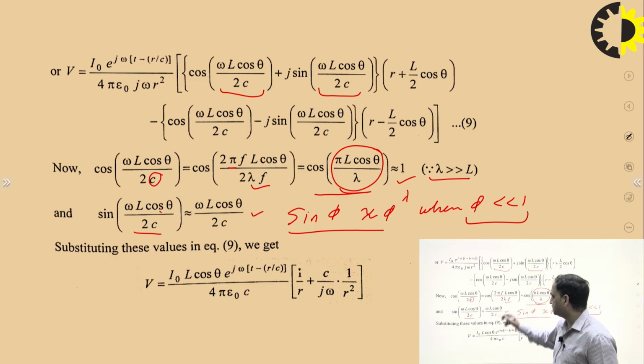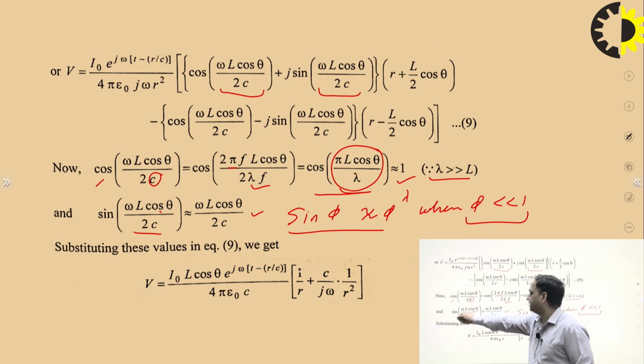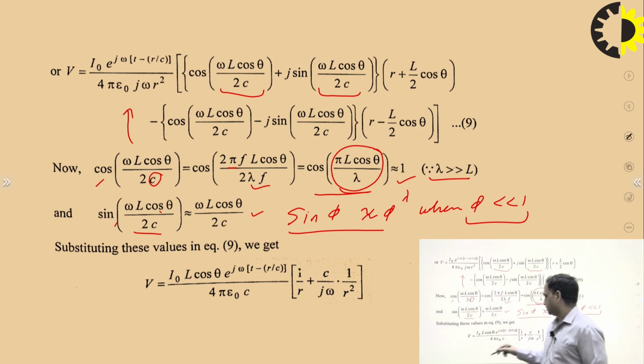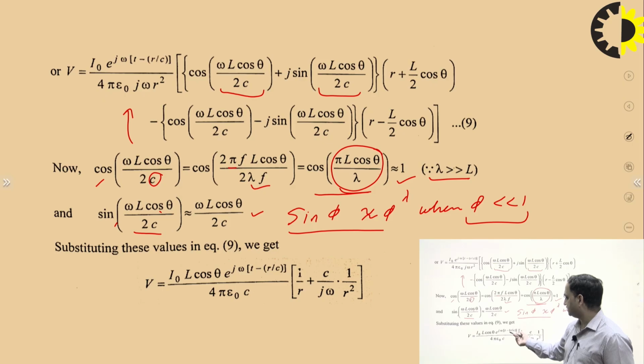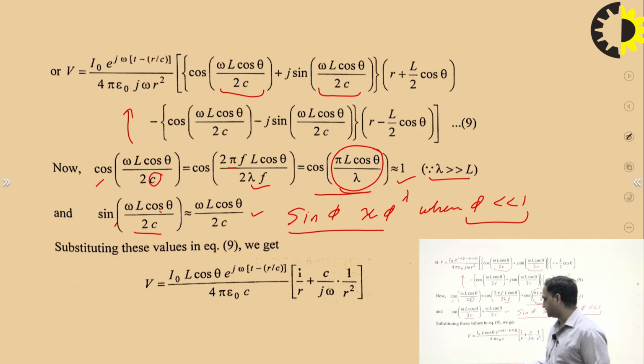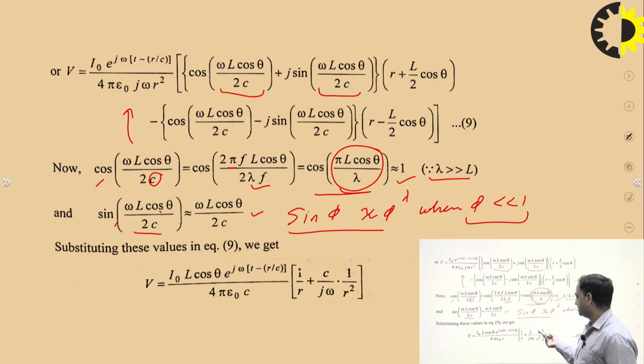Now substitute these two values, cos and sine, into this equation. So we will get V is equal to I naught L cos theta e to the power j omega t minus r upon c, upon 4 pi epsilon naught, into 1 upon r plus c upon j omega into 1 upon r square.